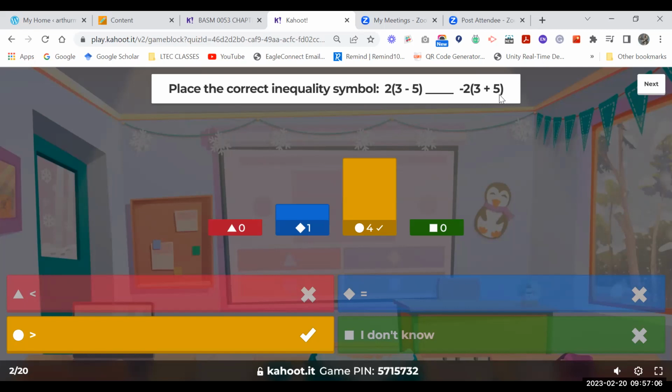Remember, in negative numbers, or any number, the farther to the right is larger. So this is -2. -2 times 2 is -4. 3 plus 5 is 8.